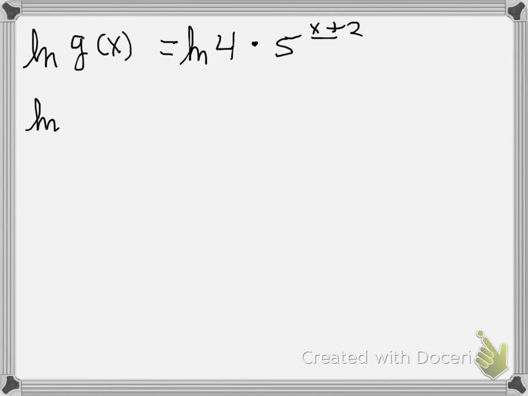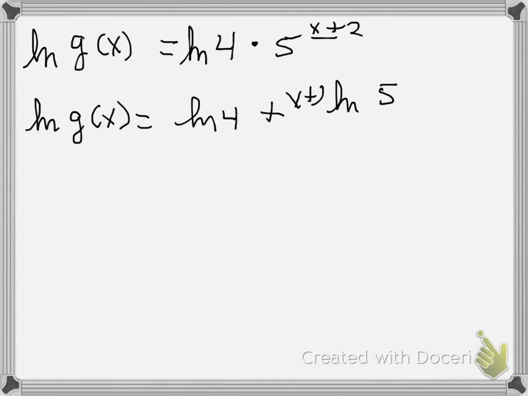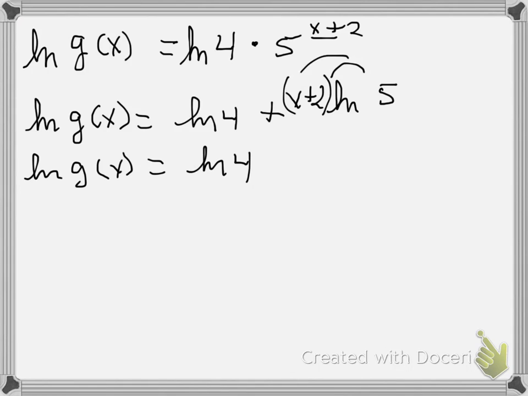So now I've got natural log g of x equals the natural log of 4 plus natural log of 5 to the x plus 2. The exponent comes out in front, so that becomes x plus 2 times the natural log of 5. I'm going to do one more simplification step. Natural log of 4, and I'm going to do this distribution: plus x times the natural log of 5 plus 2 times the natural log of 5.